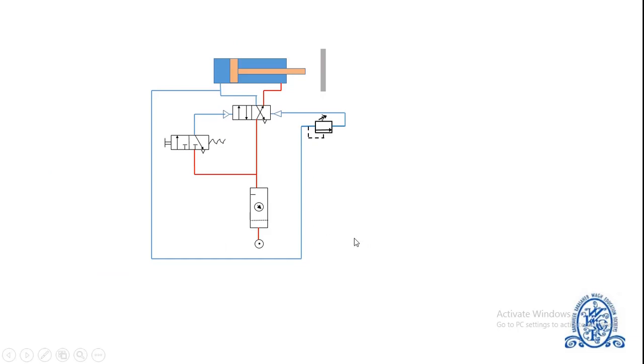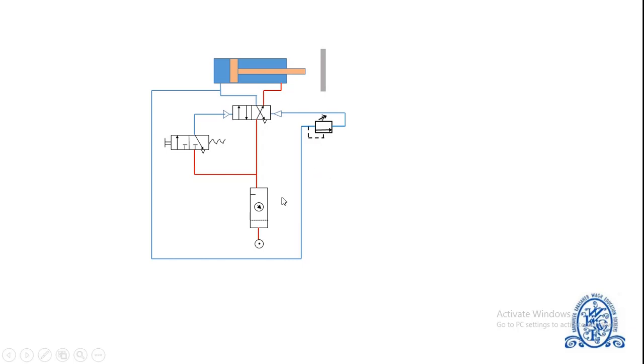Now here the problem statement is, we have to draw a pneumatic circuit in which a double acting cylinder is used to imprint logo on plastic sheet at a particular set pressure and then return to its original position.